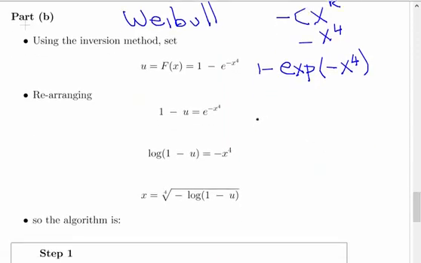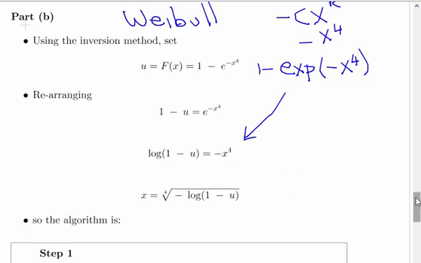Do a bit of calculation there, and we should end up with log of 1 minus u equal to minus x to the power of 4. So x is the fourth root of minus log of 1 minus u. And then we just calculate it accordingly. You could also state that in terms of the power of a quarter.